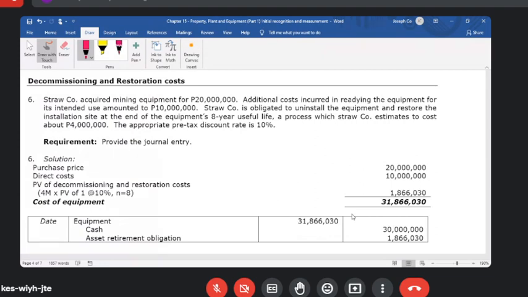No? 20 plus 10 plus 1,866,030. Total cost of equipment is 31,866,030. Our journal entry is as follows. We debit equipment, 31,866,030. Credit cash, 30 million. And credit asset retirement obligation, 1,866,030.